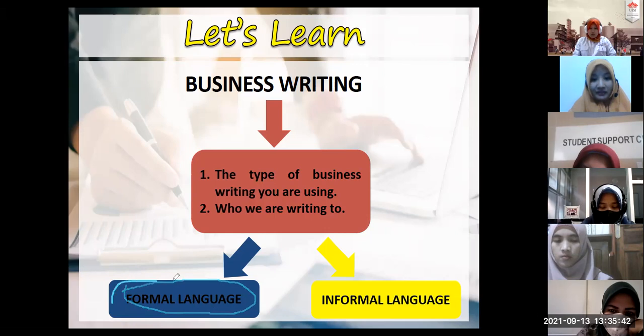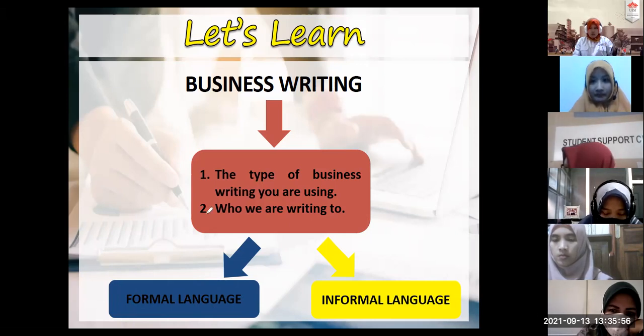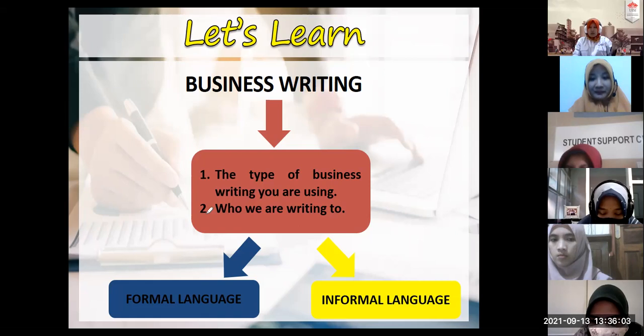So who are you going to send it to using formal language? To a partner, to the company, maybe to institutions, maybe government, state-owned enterprise, and many more.